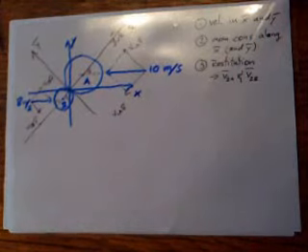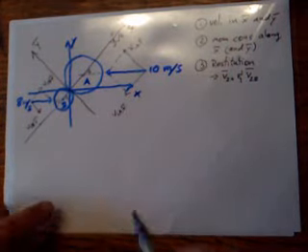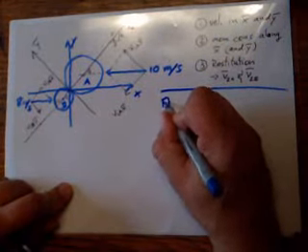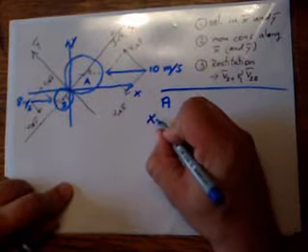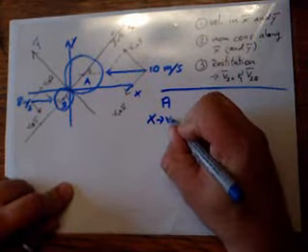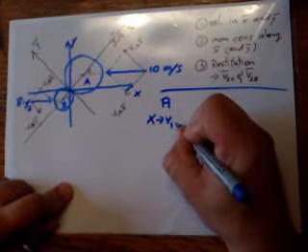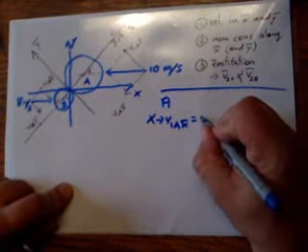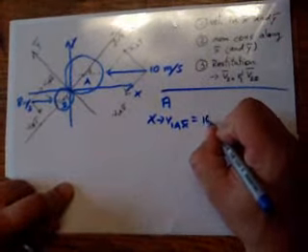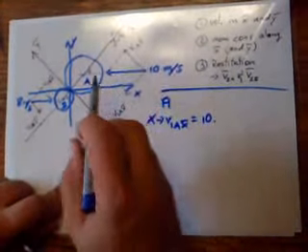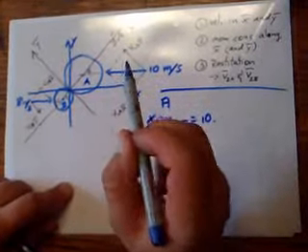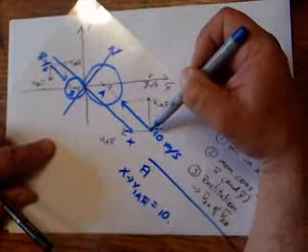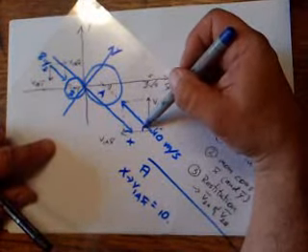Okay, so we start with body A. First we work out the velocity. Body A along the x bar direction would be V1A x bar, which is equal to the velocity of 10 meters per second times, and then if you look at this angle here, that angle is the same as this angle here.